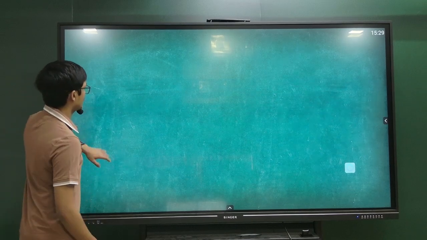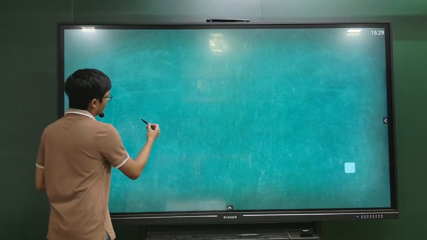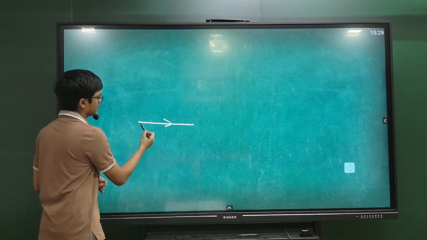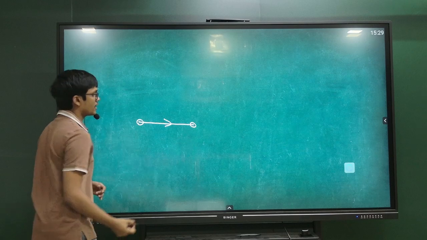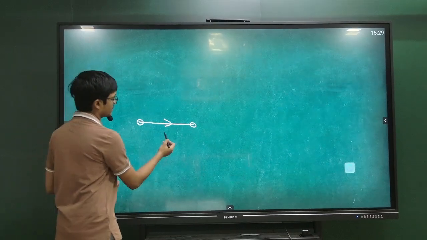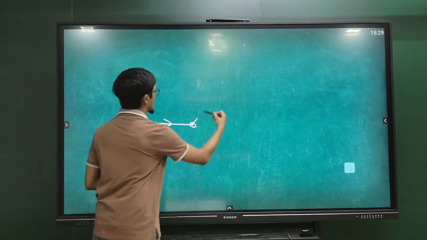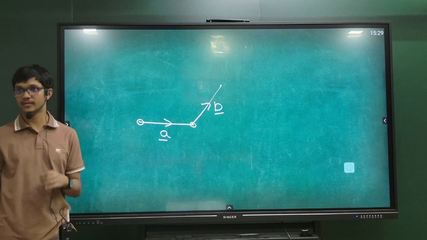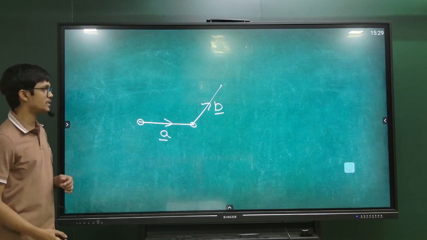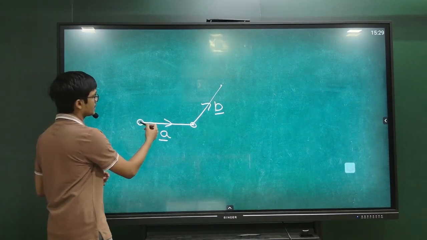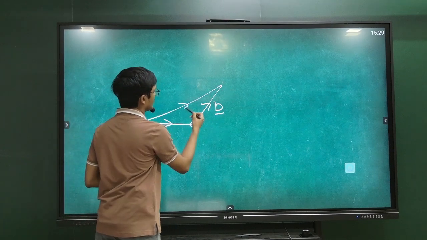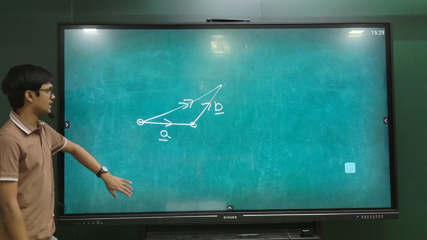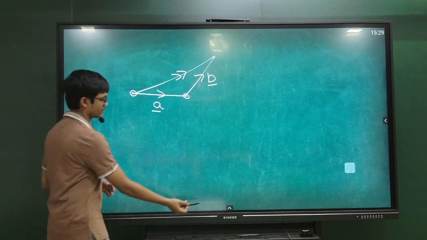That means if we mark two vectors like this, vector A and vector B, you will get the resultant vector by joining these two lines. Can you remember?